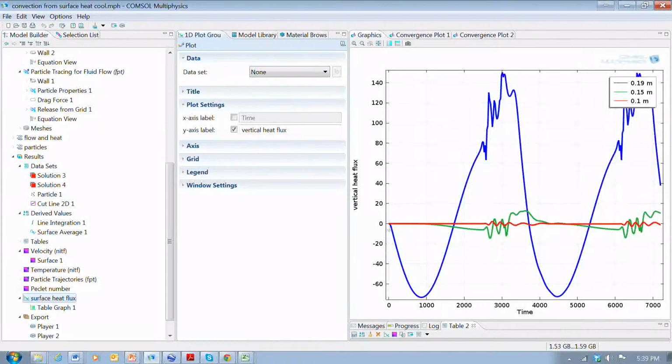And so we can see that we have a negative heat flux during heating, and then the positive heat flux, this is during cooling. This is just 1 centimeter below the water surface, and so we get this much higher heat flux during cooling because of the convection. And then the cycle repeats itself.